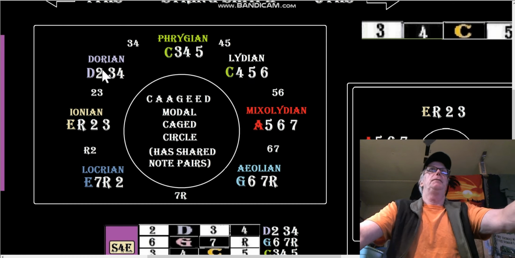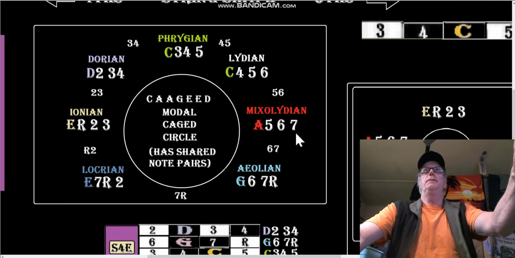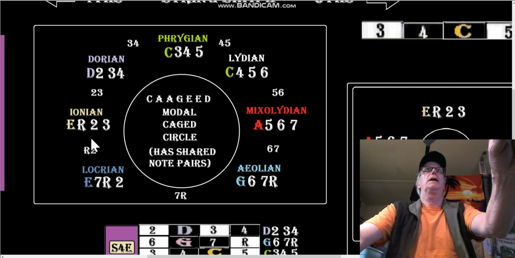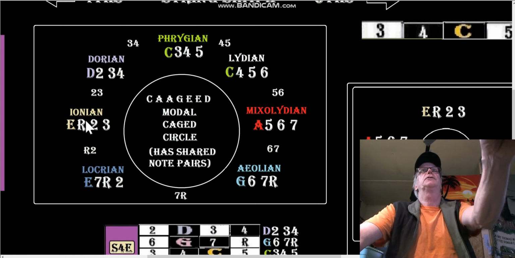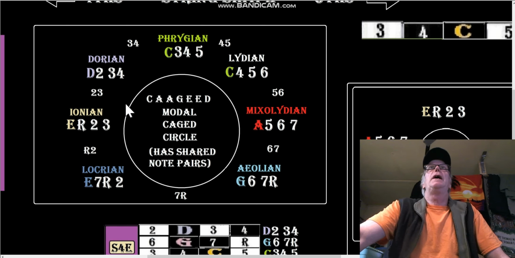Root 2, 3, then 2, 3, 4, then 3, 4, 5, then 4, 5, 6, then 5, 6, 7, then 6, 7 root, then 7 root 2, and back to E, just like that. So we go around like that.